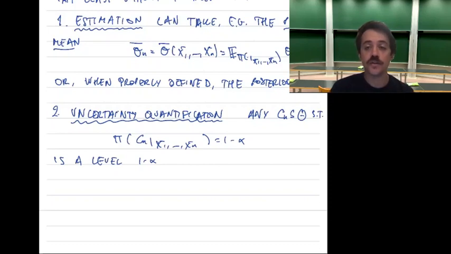Generally you would have confidence sets here, right? But instead we get what is called a credible set.